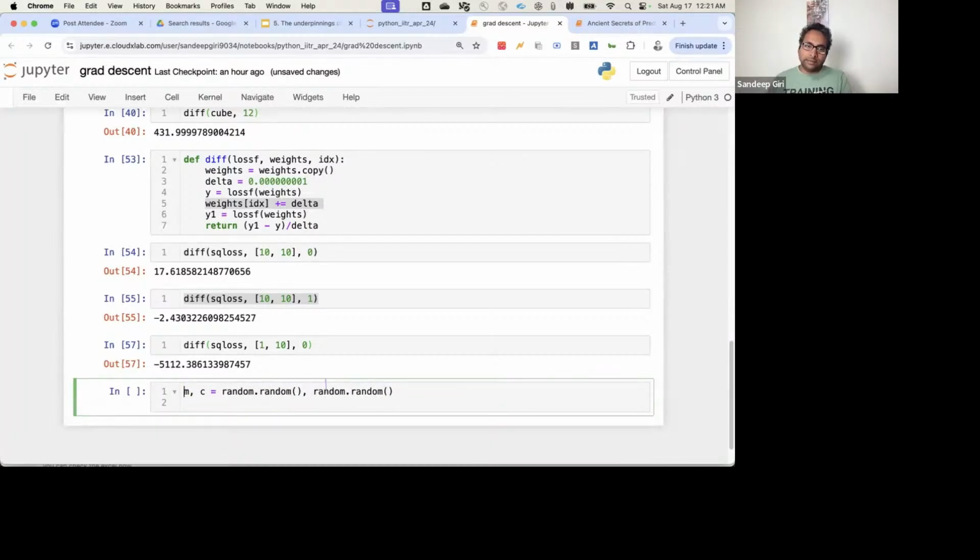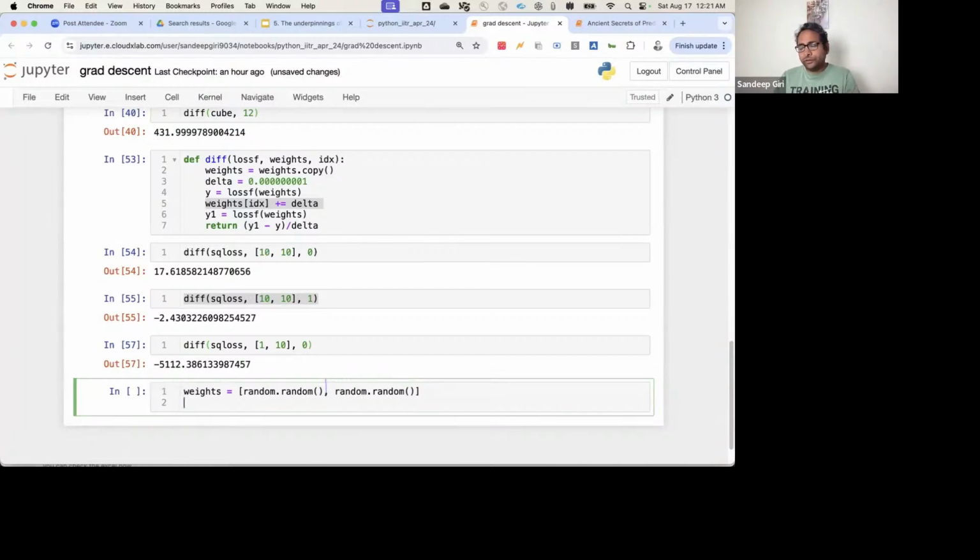This is my M and C. I can also call them my weights, so I will just call them weights and put them in square brackets. Initially, we drew a random line, with a random slope and a random constant. Cool.